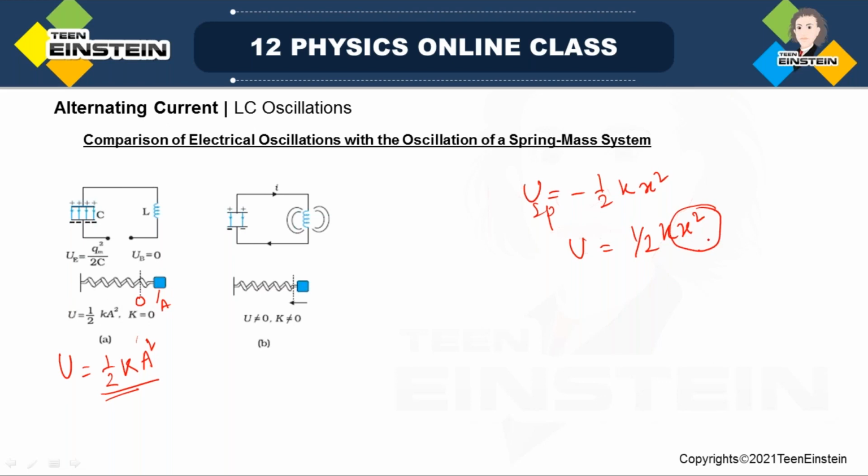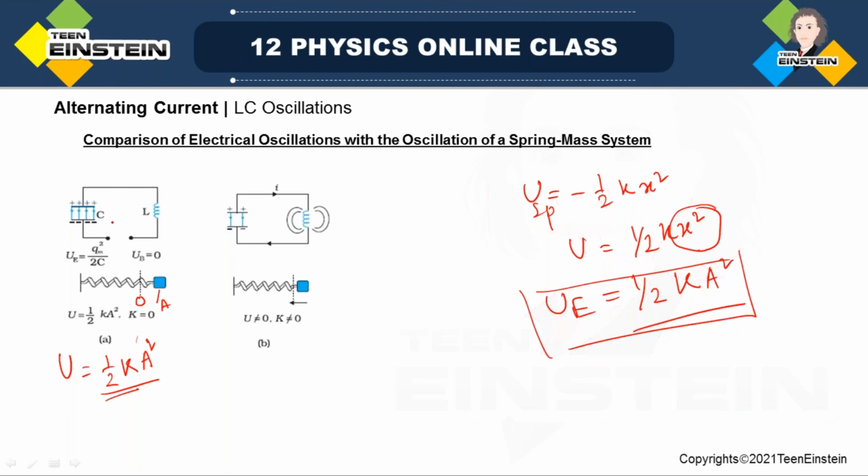This is the general displacement. But if it is the maximum displacement, suppose A, then this energy will be half K A square. So this is the maximum mechanical potential energy which a spring mass system can hold.